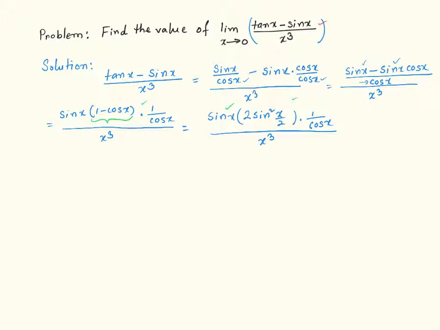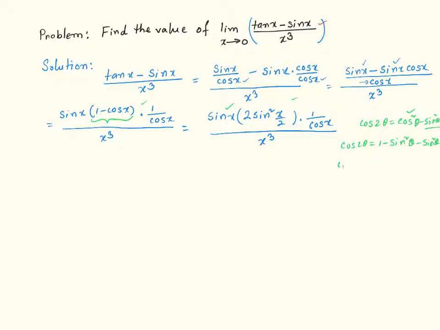Now the thing that you need to know in going from here to there is that 1 minus cosine of x is simplified by using this formula. Remember, cosine of 2 theta is equal to cosine squared of theta minus sine squared of theta, right? I could write it as cosine of 2 theta equals 1 minus sine squared of theta, then minus sine squared of theta.